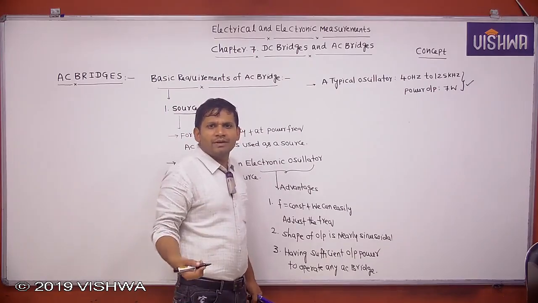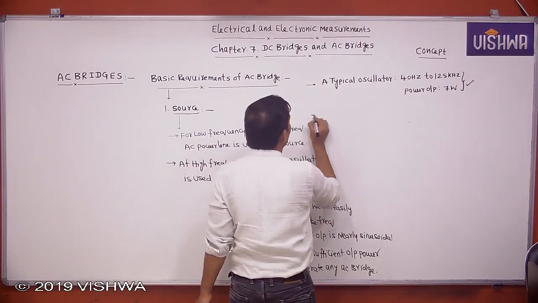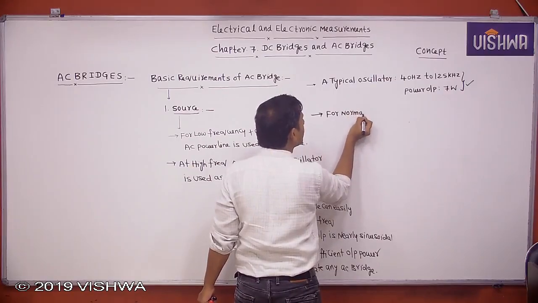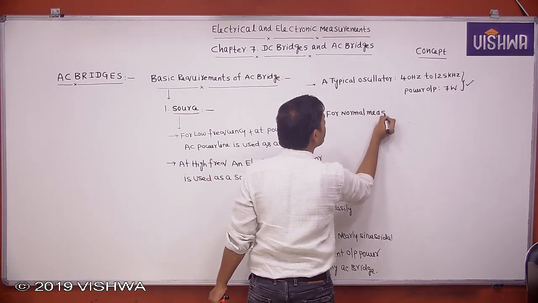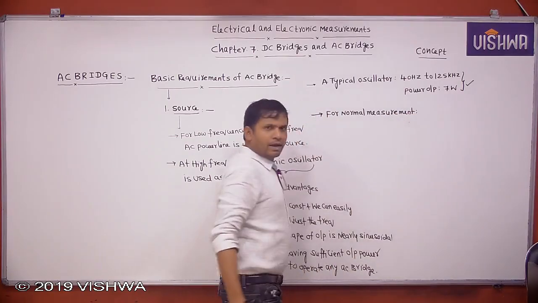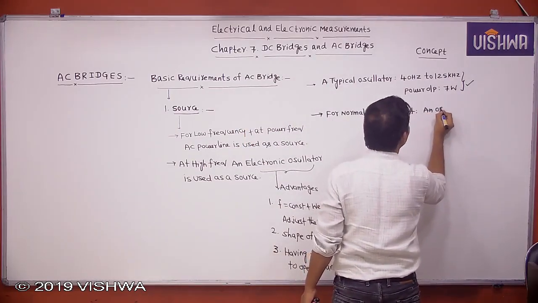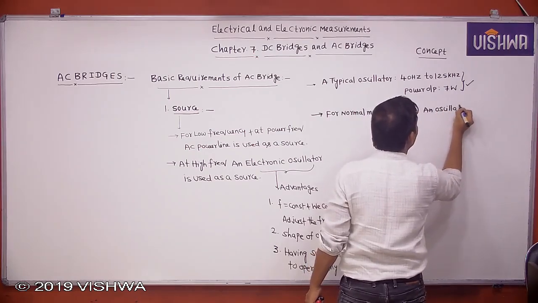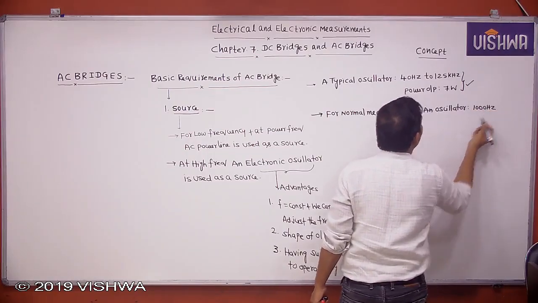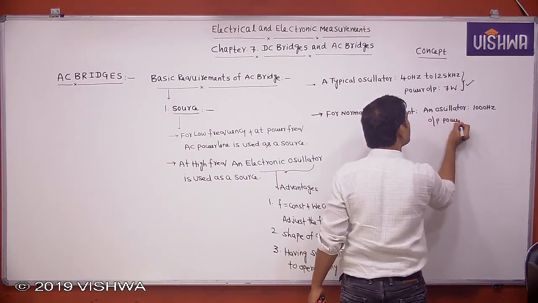For normal measurements like inductance and capacitance, what type of oscillator is preferable? An oscillator with a frequency of 1000 Hz and an output power rating of 1 watt is used.